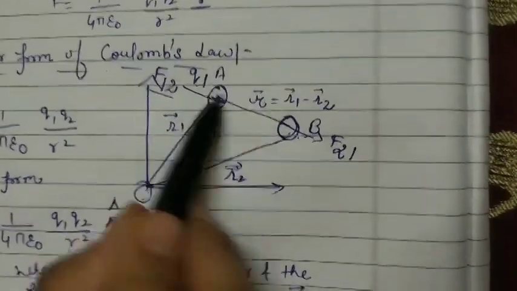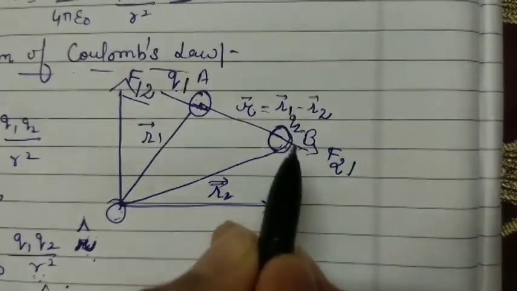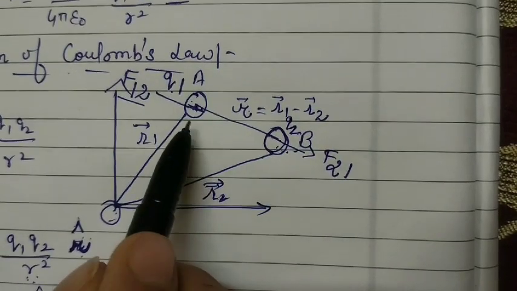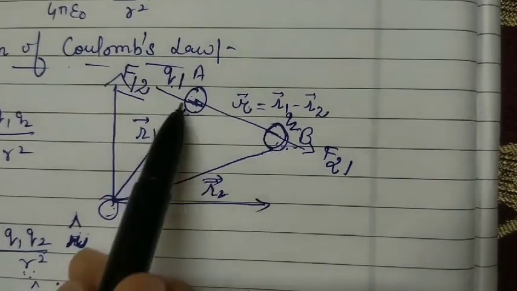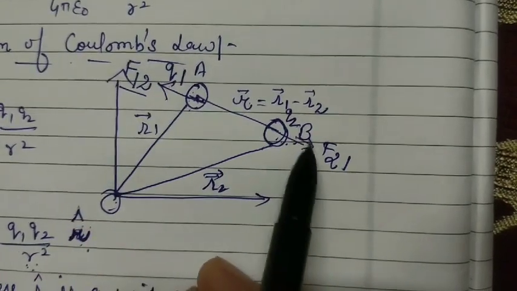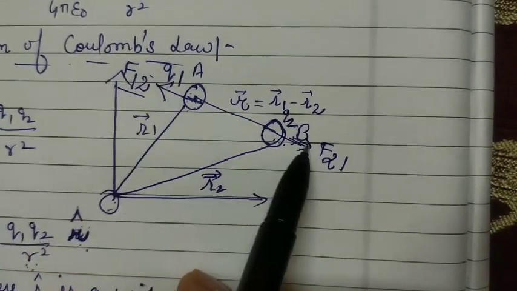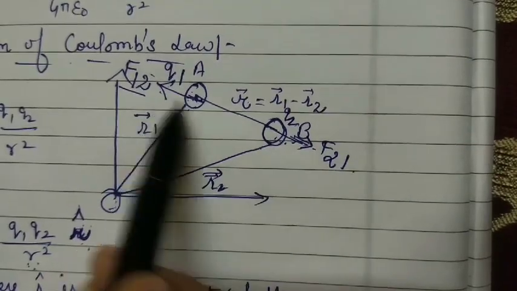Both are point charges and positive charges, and like charges repel each other. So the force will act along the line joining the two charges but in opposite directions.